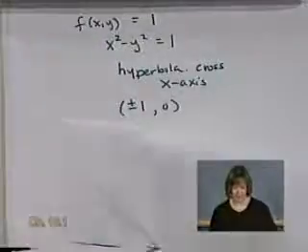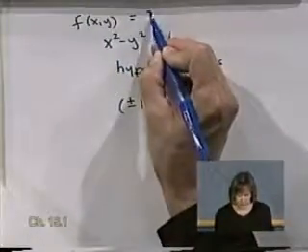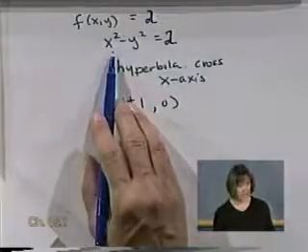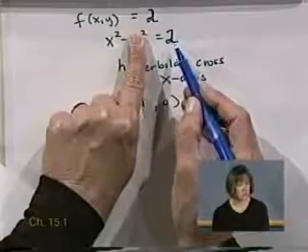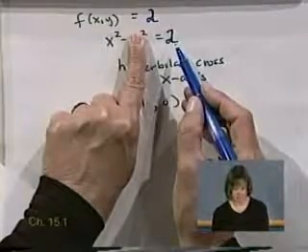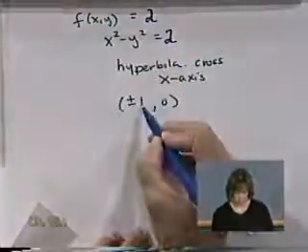Now, what if instead, and I'm getting tired of writing, what if I make f of xy equal to 2? This is still going to cross the x-axis, but if you let y be 0, what's x? X squared is 2, so x is plus or minus square root of 2. You with me?